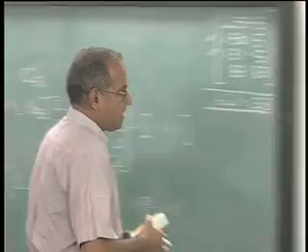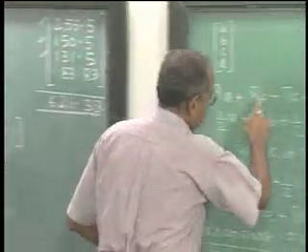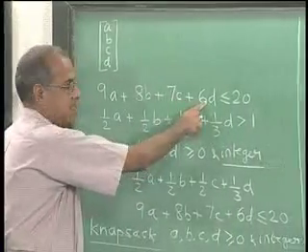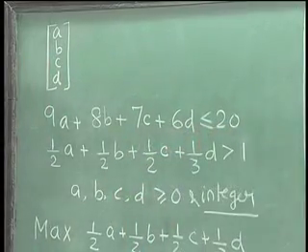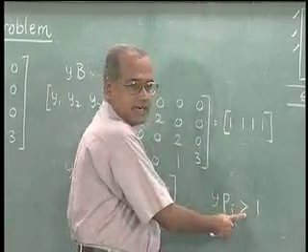Now, which also means that we have to find out a pattern ABCD such that 9a plus 8b plus 7c plus 6d is less than or equal to 20, which makes the pattern feasible, and it should satisfy the condition y Pj is greater than 1.